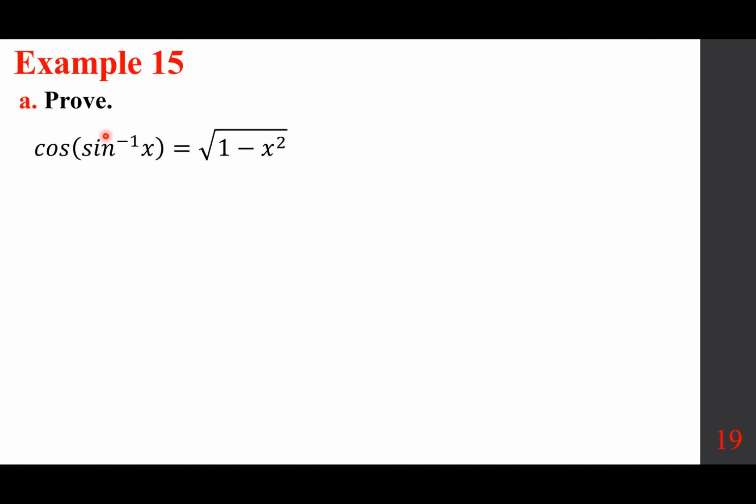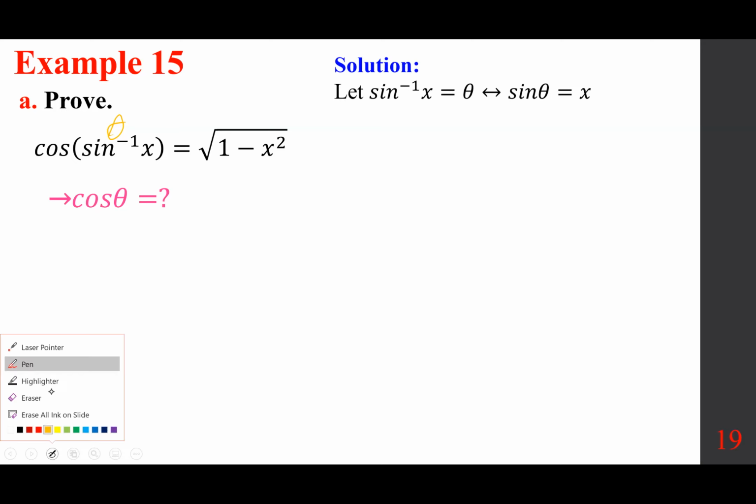So in essence, if you call this theta, you're looking for cosine theta. You're looking for cosine theta. So if you let sine inverse x be theta, by definition, then sine theta becomes x.